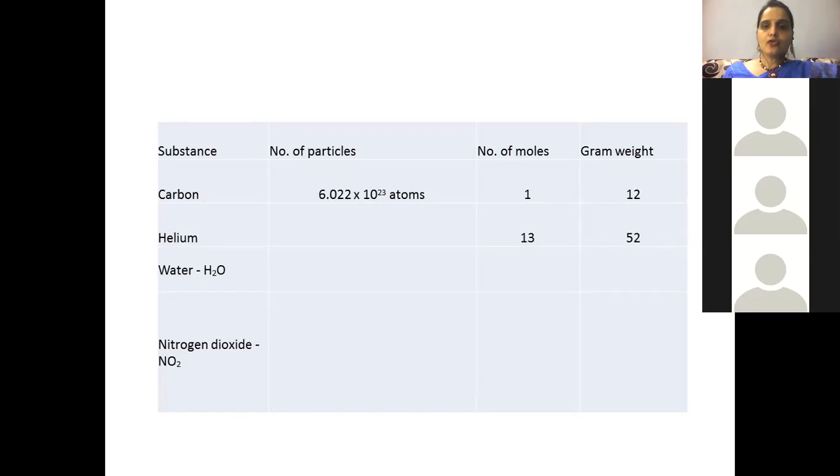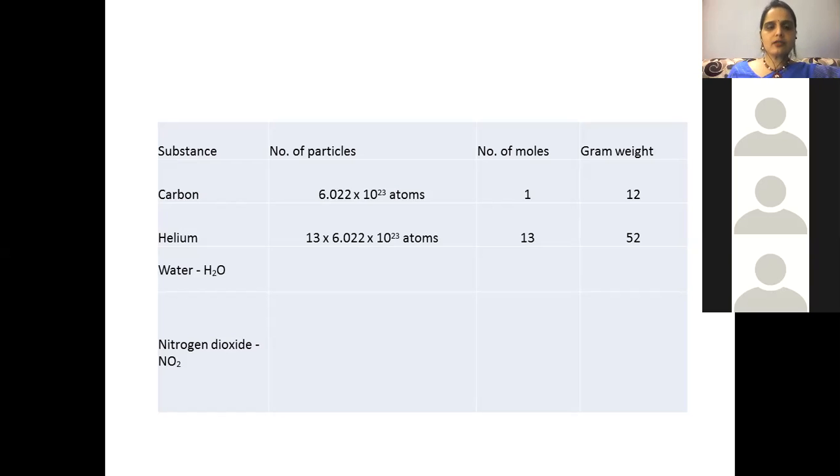Very good. So it is 13 into 6.022 into 10 raised to 23 atoms. As helium is an element, its basic unit is an atom. Therefore, 13 moles of helium will correspond to 13 into 6.022 into 10 raised to 23 number of atoms.